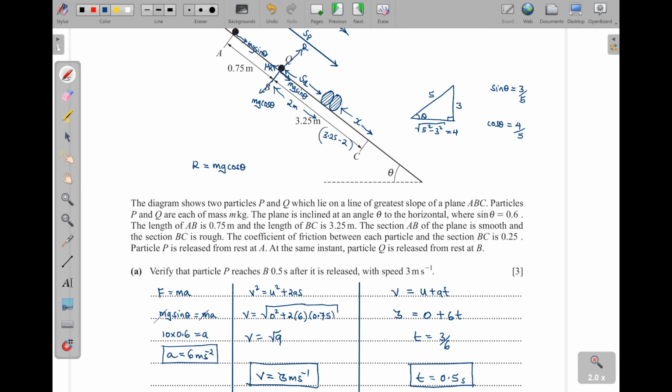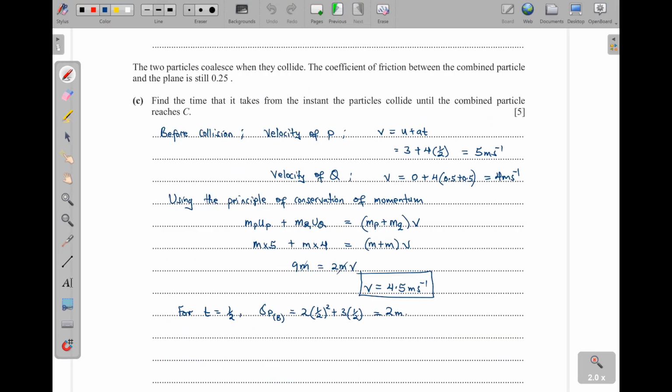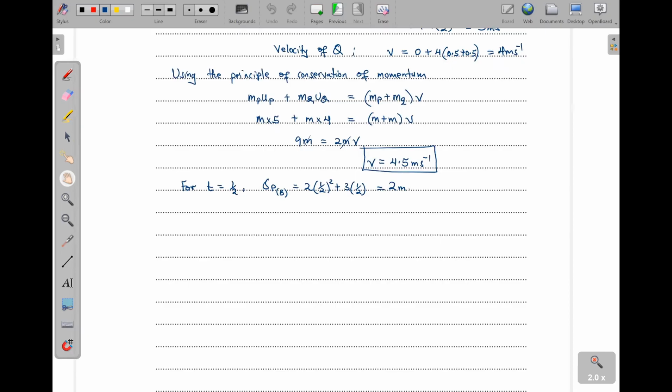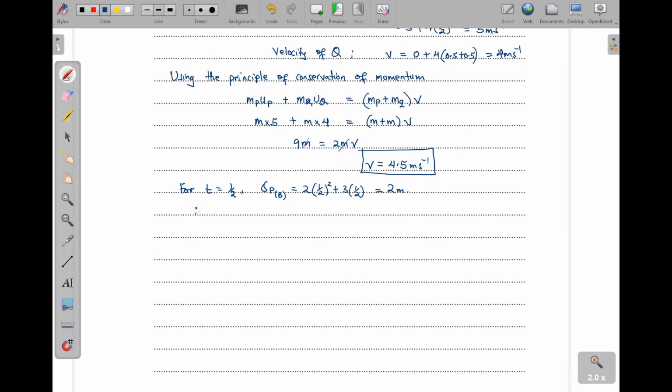That is the distance this combined particle is going to move to C. So I will also write it here and say that therefore the combined particle travels 3.25 minus 2, which is actually 1.25 meters to reach C.